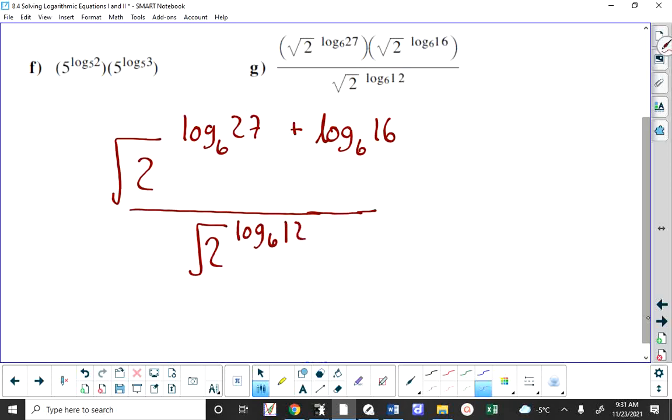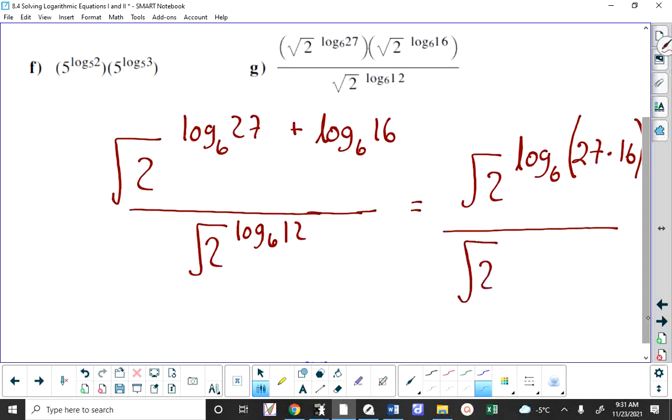Now when I add those two exponents, Zebby, I can use the power law, which says in reverse, the sum of logarithms is equal to the logarithm of the product. This then becomes, I don't normally like working left to right, but I'm just going to do it here. This becomes log base 6 of whatever 27 times 16 is. And on the bottom, I have root 2 to the log base 6 of 12.